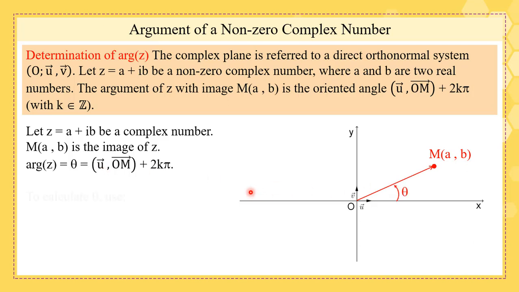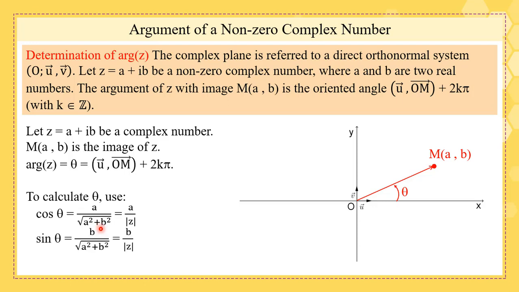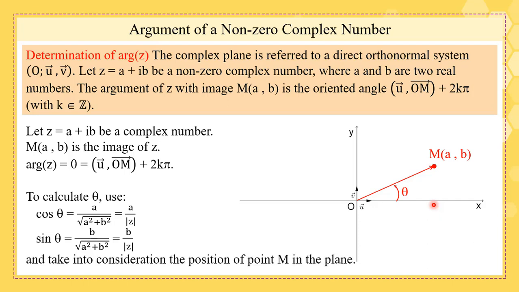Now to calculate theta, we use cosine theta is a over the square root of a squared plus b squared, and sine theta is b over the square root of a squared plus b squared. This happens because the triangle OMP, if P is a point somewhere here, is a right triangle. Now we have to take into consideration the position of M in the plane.